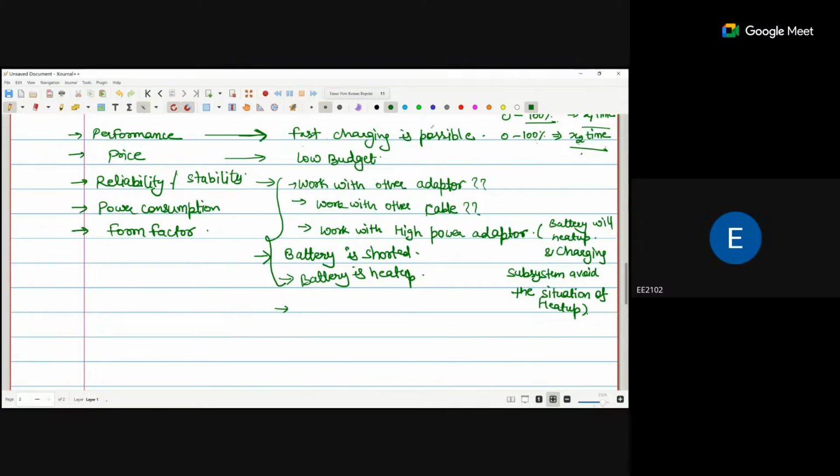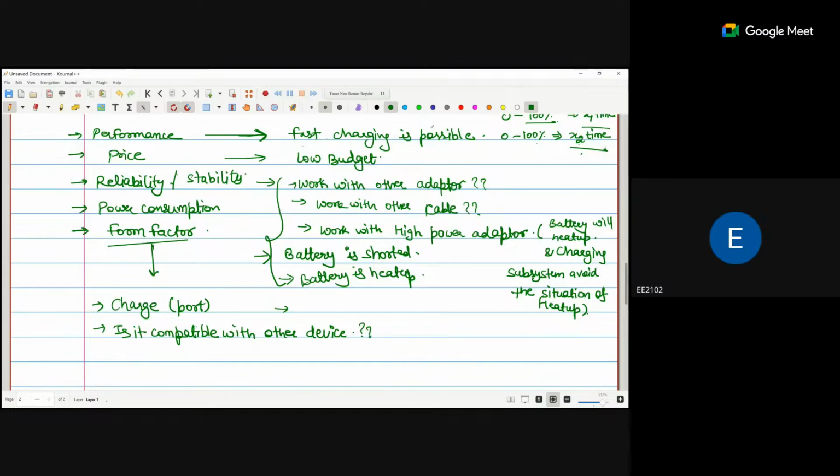Now the form factor. It will be decided, if you charge, what type of port we will have. Is it compatible with other devices?